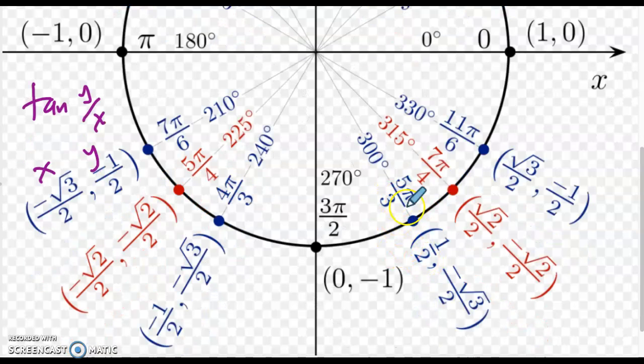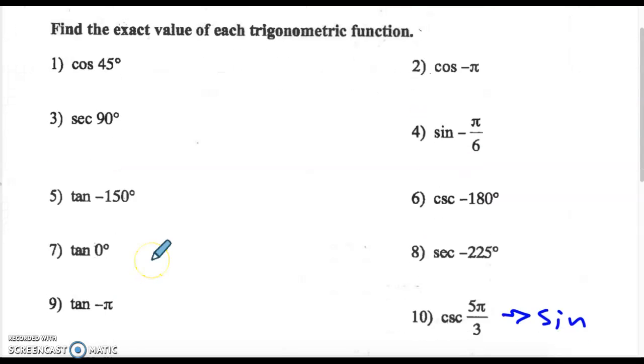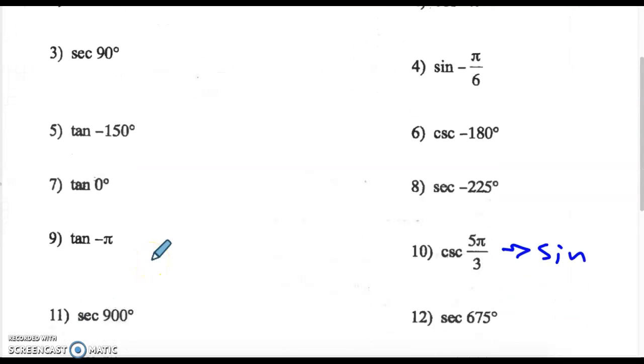The sine of 5 pi over 3 is the y coordinate, so it's negative rad 3 over 2. So that means that the reciprocal of negative rad 3 over 2 is negative 2 over rad 3. And if I rationalize that, I would get negative 2 rad 3 over 3, and that would be my answer for cosecant.